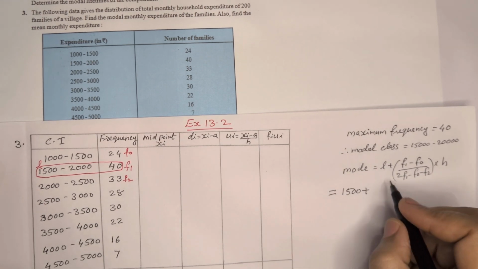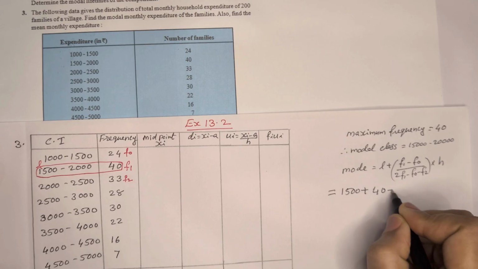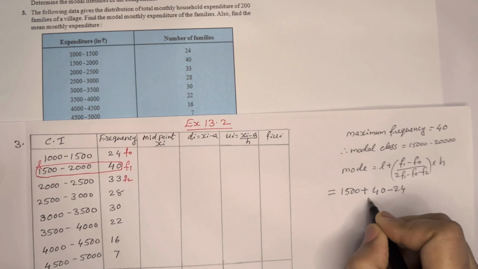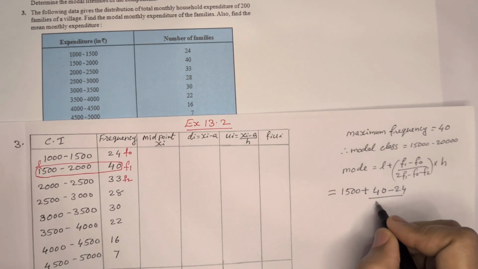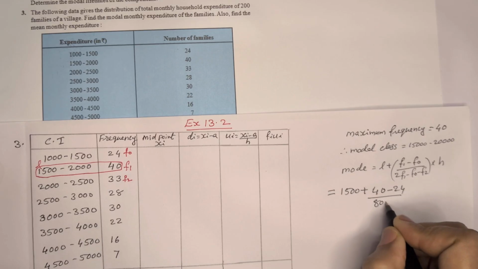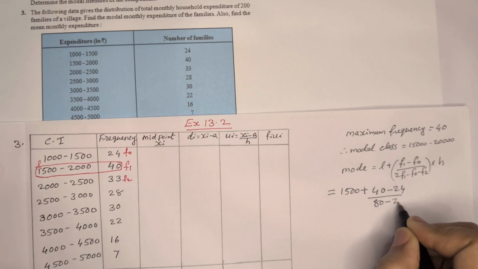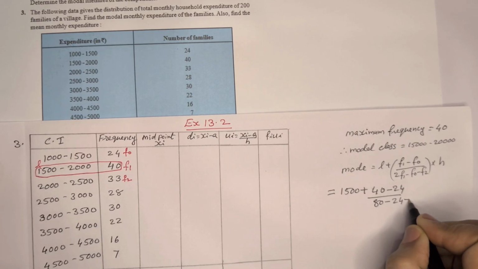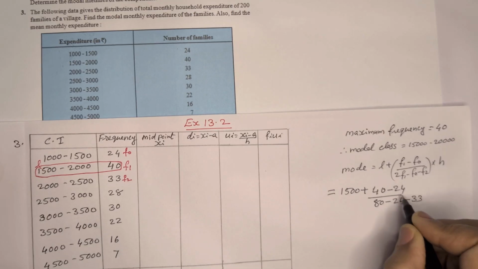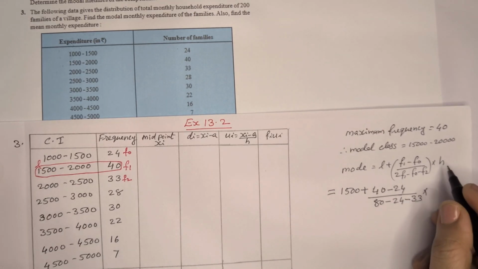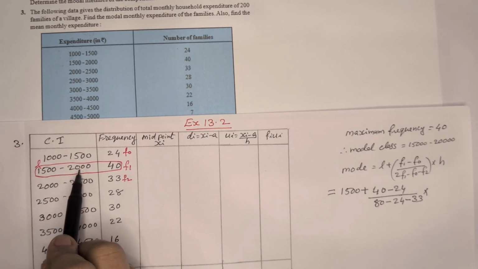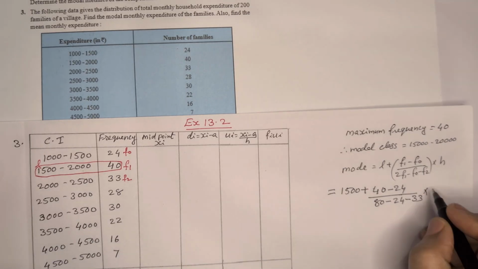plus F1 is 40 minus 24 divided by 2F1, that is 80, 2 into 40, 80, minus F0, 24, minus F2, 33. That into H. H means class size. 2000 minus 1500, that is 500.